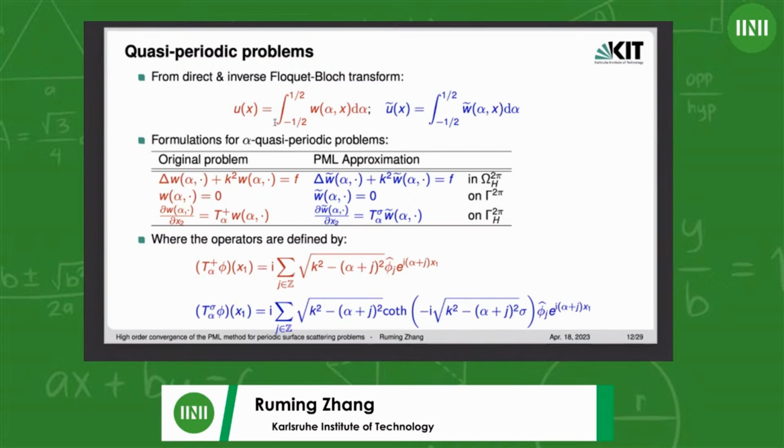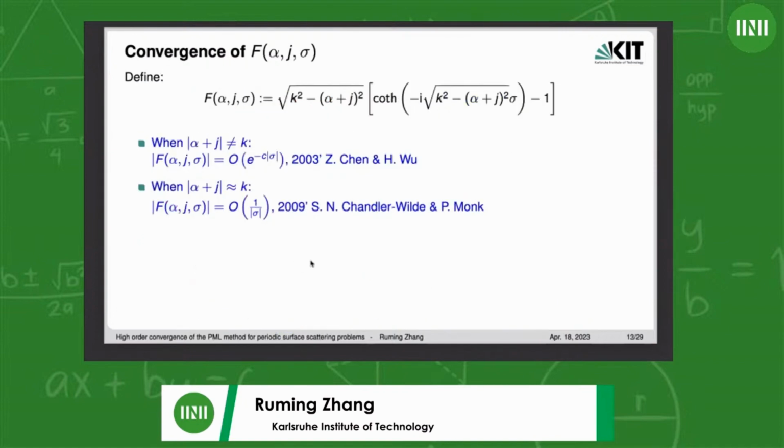So if we want to compare U and U tilde, a natural idea is to compare W and W tilde for each fixed alpha, since alpha only exists in a bounded domain. And since the only difference between W and W tilde is the Dirichlet-to-Neumann map, a natural idea is to compare the difference in the Dirichlet-to-Neumann maps.